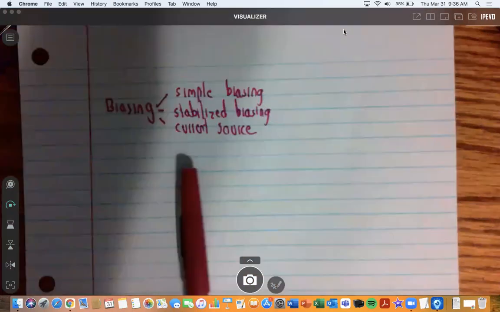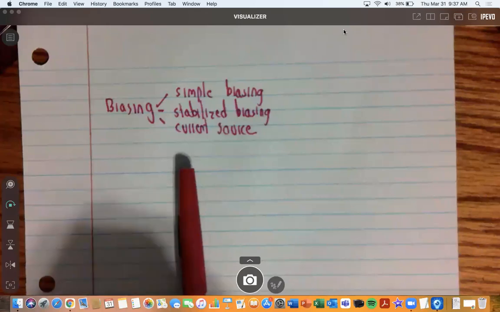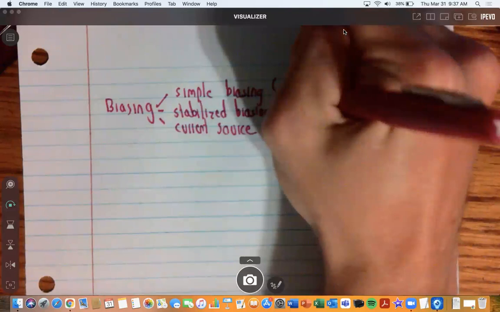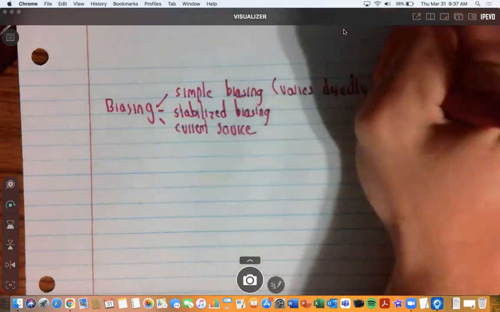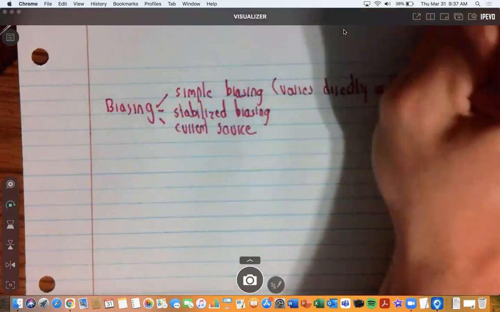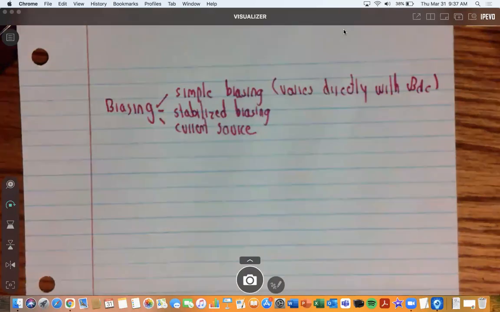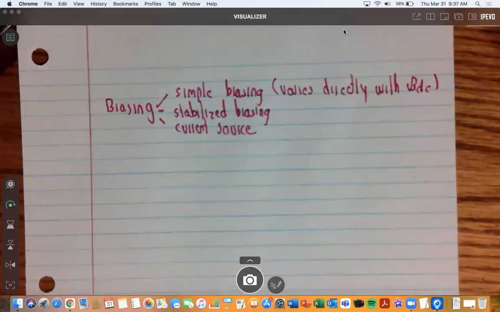What we like to say for simple biasing is that the reason we don't like it is because it varies directly with beta DC. And you're going to notice that beta DC changes with temperature. Therefore our transistor is very sensitive to any changes in temperature.